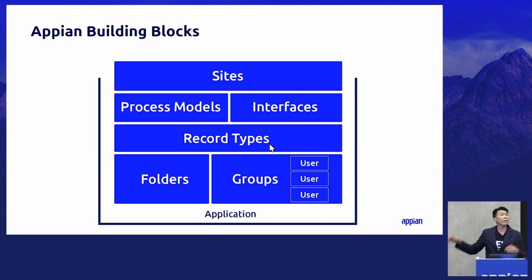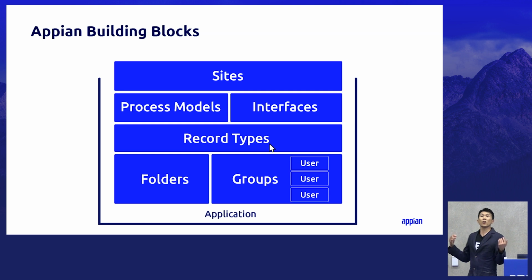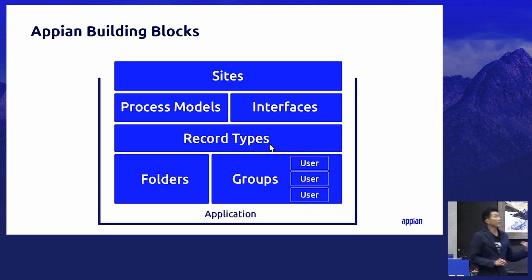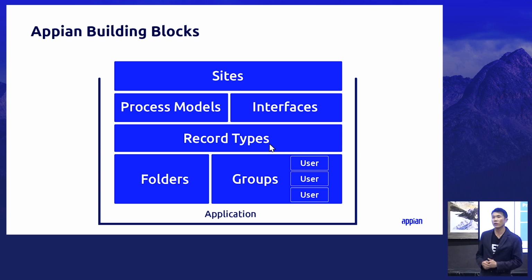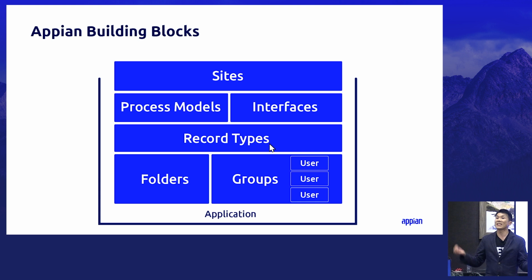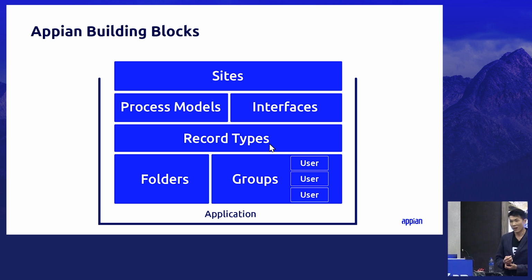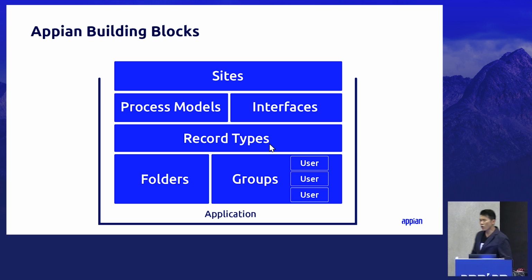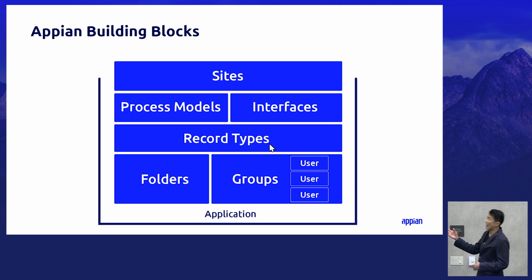Fundamentally, you have folders. Folders are used to organize objects in the app. Then you have groups to organize users. In Appian, we use record types, which is the way we reference data. Then you have your process model to design and automate your process.